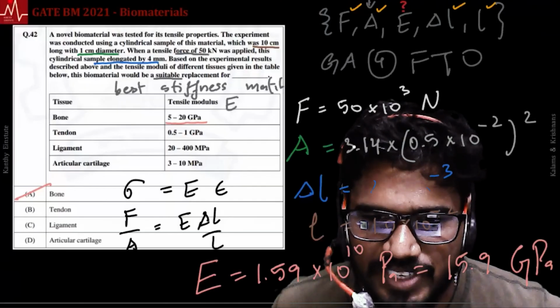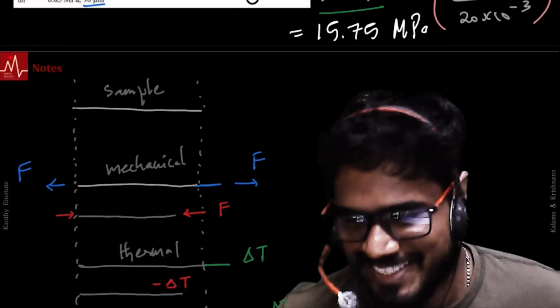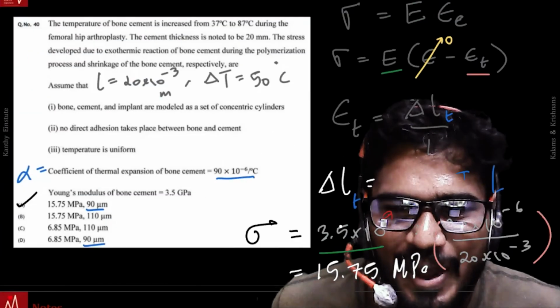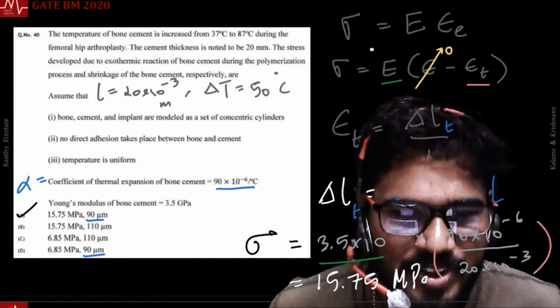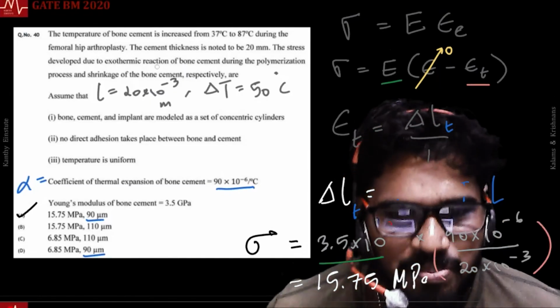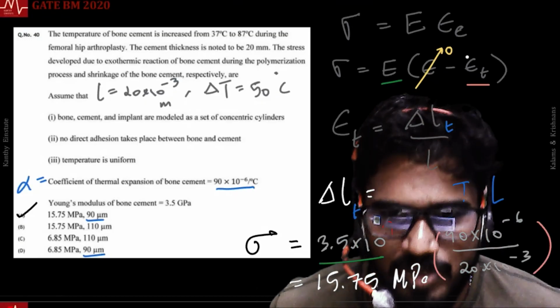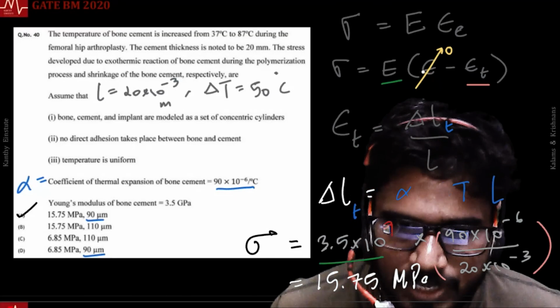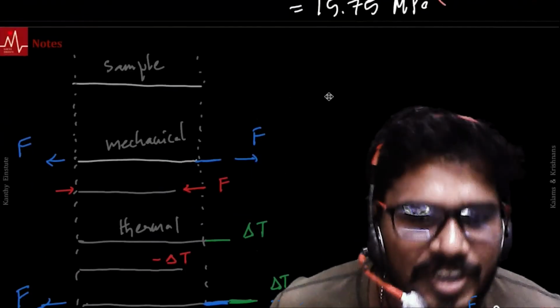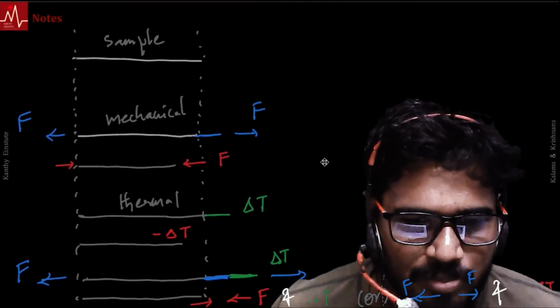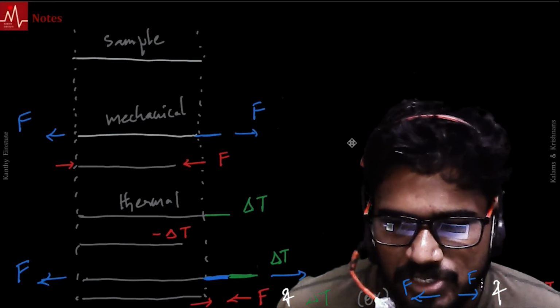Notice all we are still doing is stress strain, somewhat more advanced. But the essence you really need to know, and all the complications going on in this question, the bone sandwiched between the implant and the cement, all of it I have indeed explained to you. That information is over here. It may not be in a digestible or approachable form in one viewing, but that information is over here.